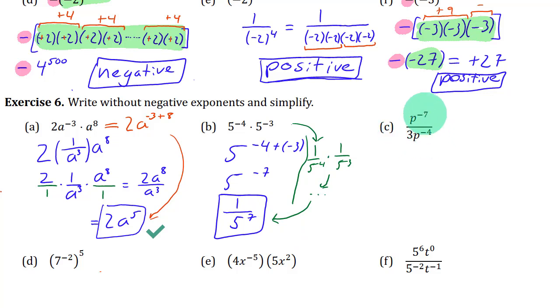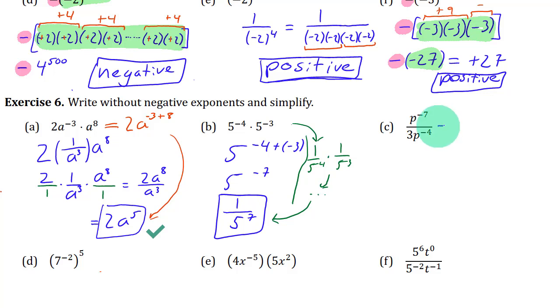let's look at this one. I want to do this one using a shortcut rule. If you have p to a power divided by p to a power, you can subtract those. So I'm going to write this as p to the, well, sorry, before I do that, let's consider the 3. What do we do with this 3? We didn't really have other factors combined here.